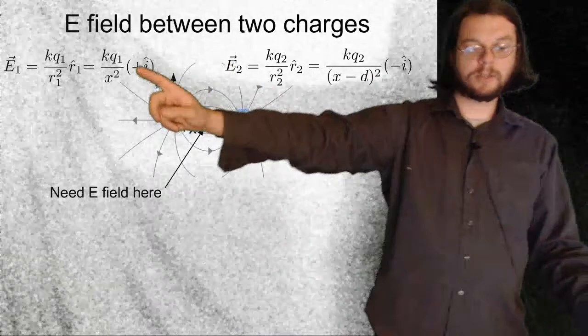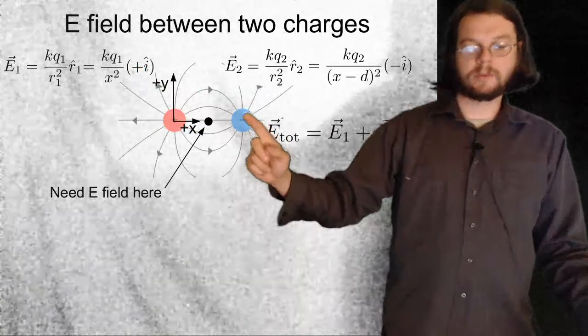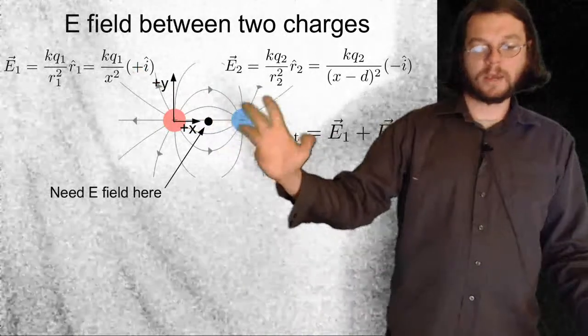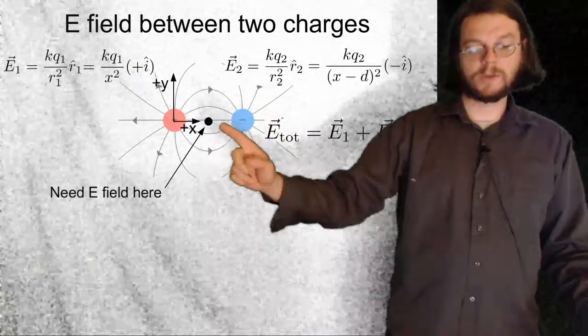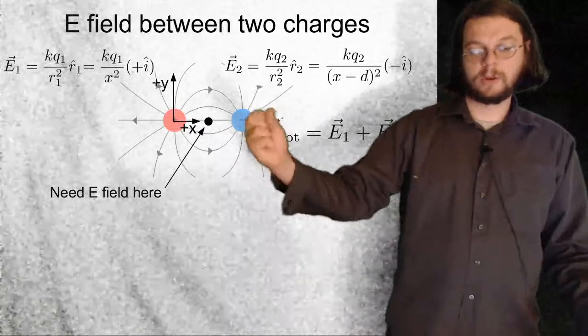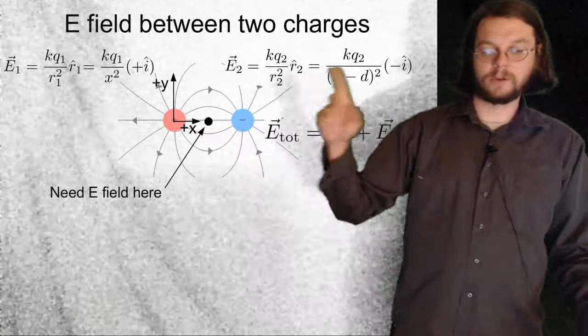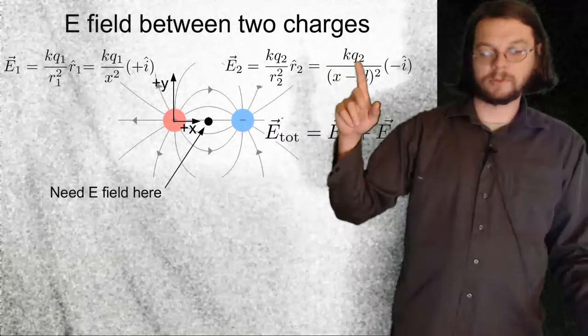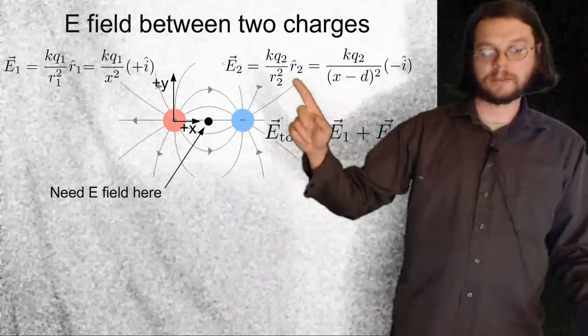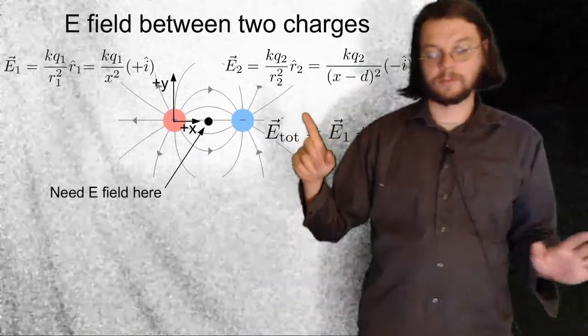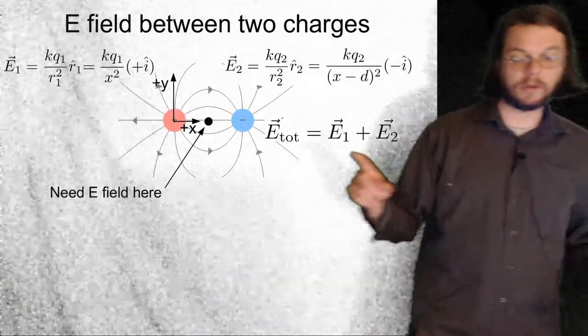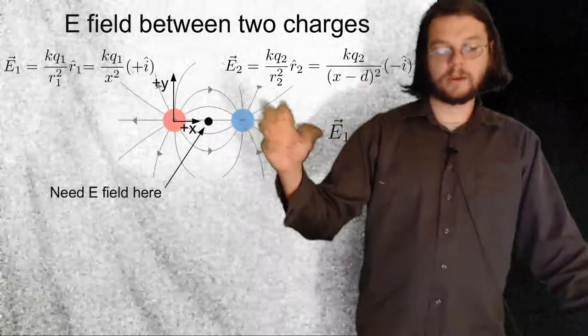So why don't we just use plus i hat again? Well, remember that the radial vector is always pointing away from the charge, right? So even if it's a negative charge, the radial vector doesn't care whether it's positive or negative. We're going to take into account that this thing is negative with this q here. But at the stage of just figuring out the radial vector, it doesn't care whether it's positive or negative. So it's pointing away in every which direction.